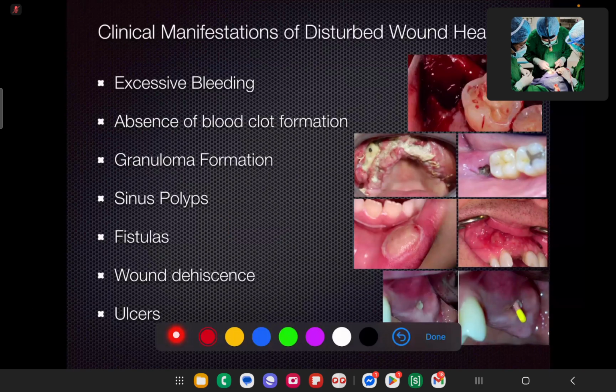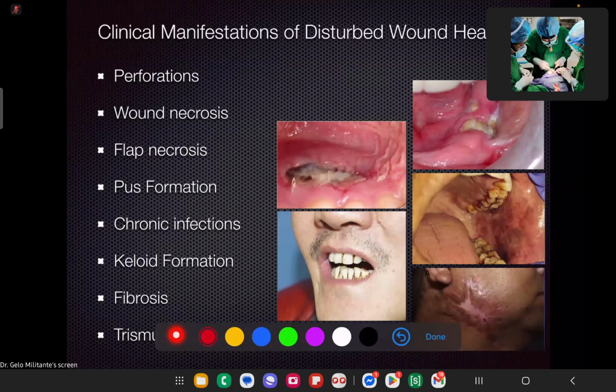There would also be perforations, wound necrosis, flap necrosis, pus formation, chronic infections, and keloid formation or scarring towards the area. There would also be fibrosis. When you say fibrosis, it is non-elasticity of the muscles that would produce a sequela called trismus. Those are the clinical manifestations of a disturbed wound healing.